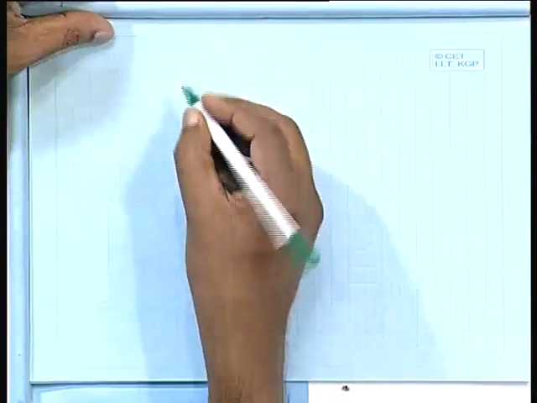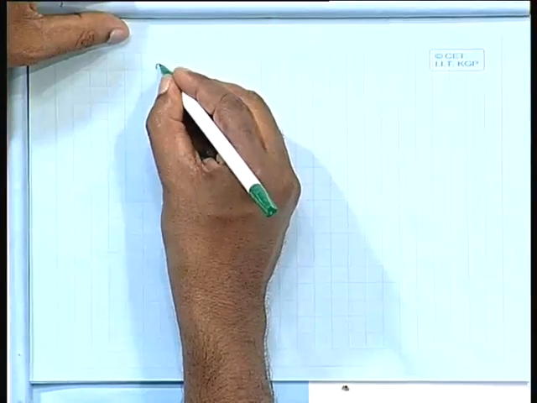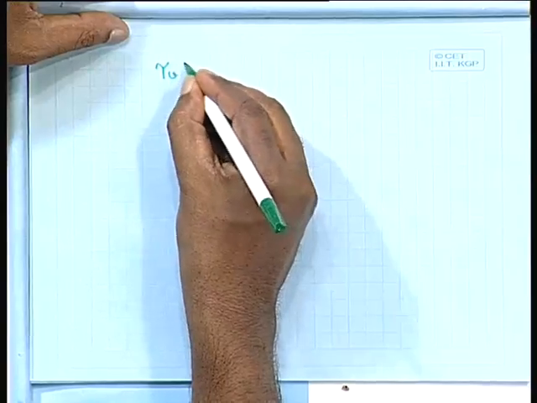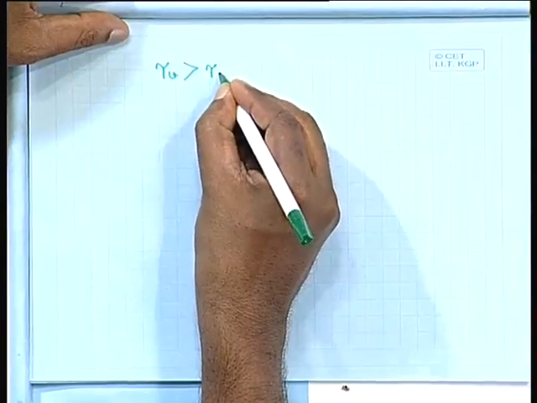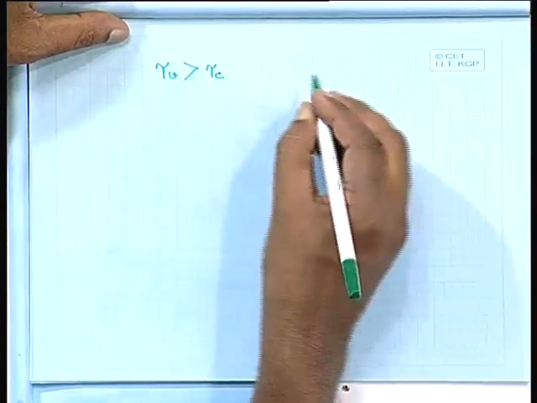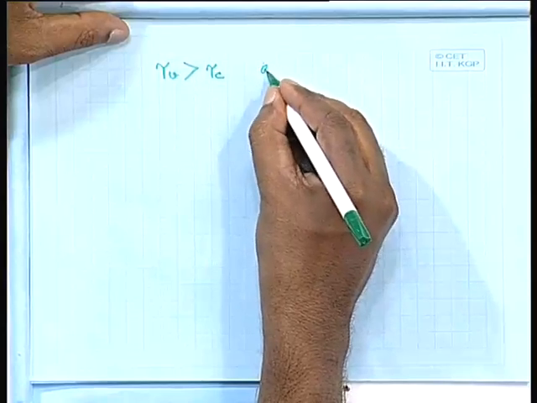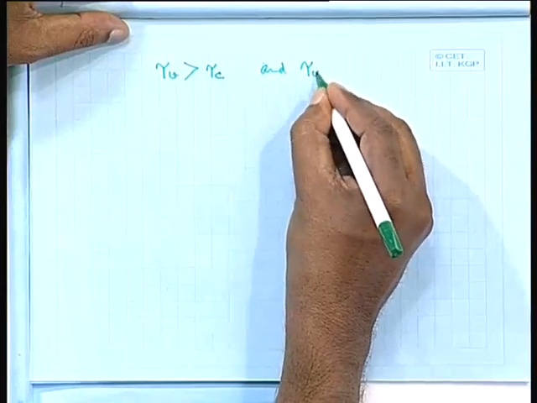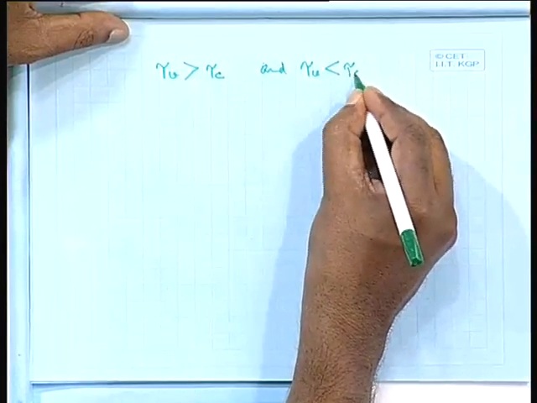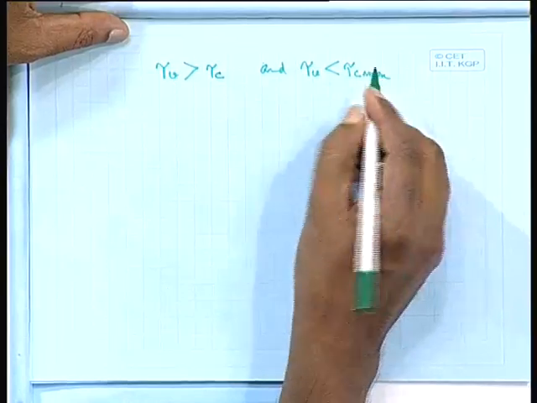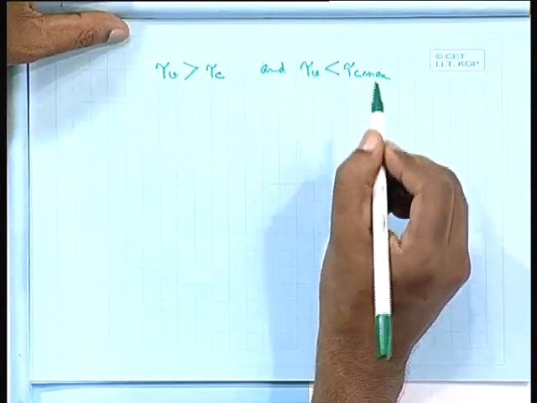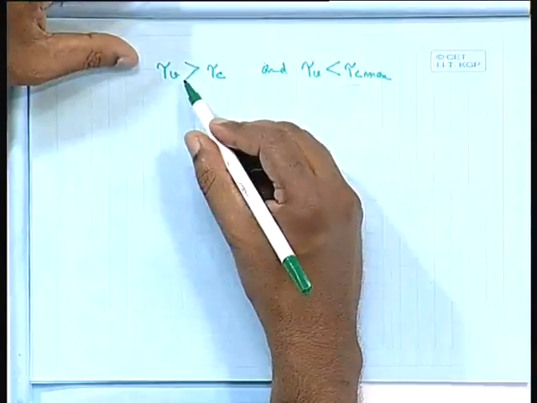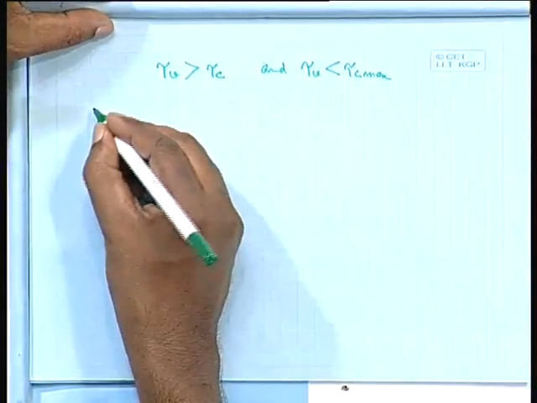So, in our case we can write that tau V is greater than tau C, but tau V is less than tau C max. So, there is no need of changing the section, but we have to provide shear reinforcement.